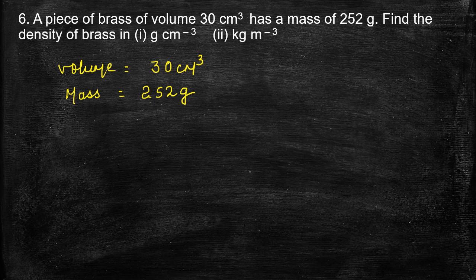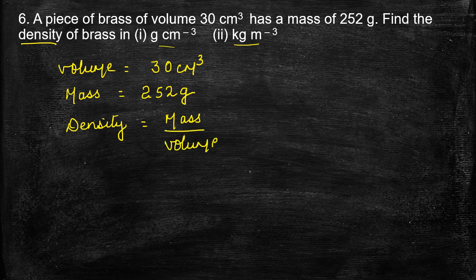We have to find out density of the brass in gram per centimeter cube and kilogram per meter cube. So density we know is equals to mass upon volume. So here mass is 252 gram and volume is 30 centimeter cube.